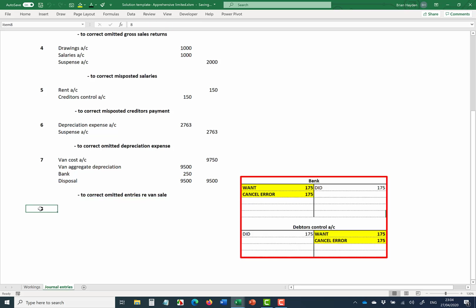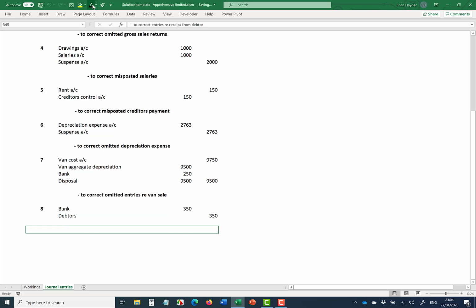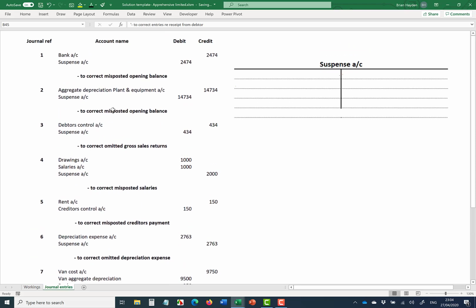And then finally, item 8, this was the receipt from a debtor. We basically put it on the wrong side of both the bank account and the debtor's control account. So you can see we need to debit the bank account at 350 and credit debtor's control with 350. So we won't actually need the suspense account here for this one. That self-balances. So that's the journal entries, and they actually gain marks.